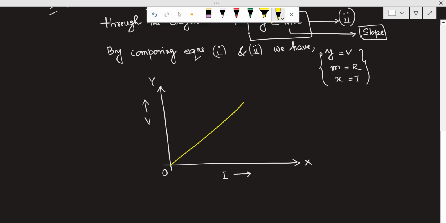So it is making an angle of 45 degrees. So this is the graph of Ohm's law, or the graphical presentation of Ohm's law.